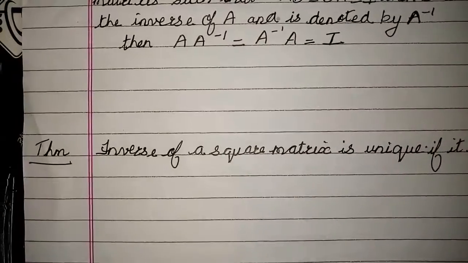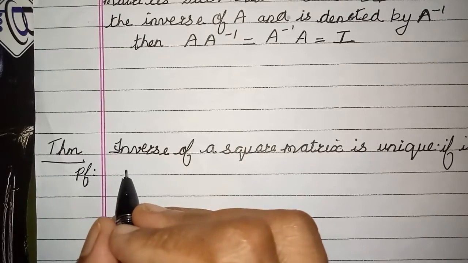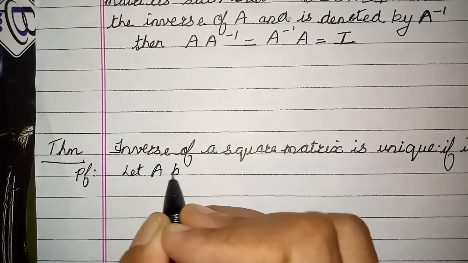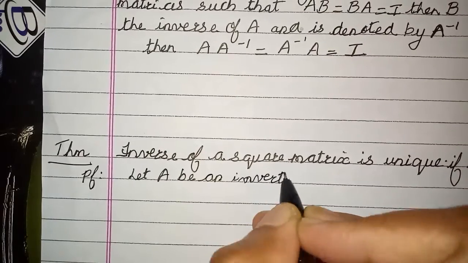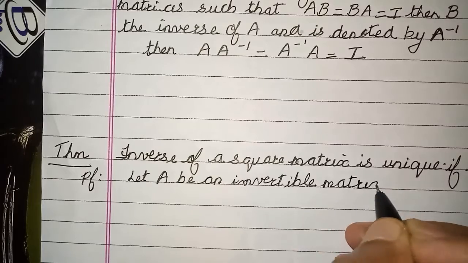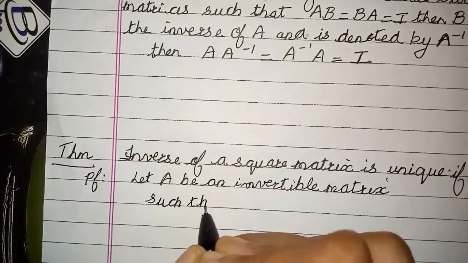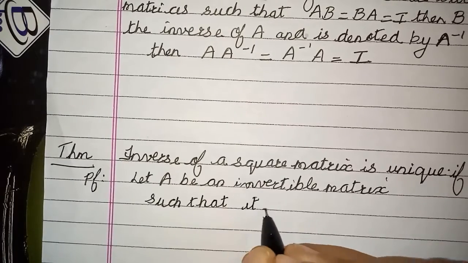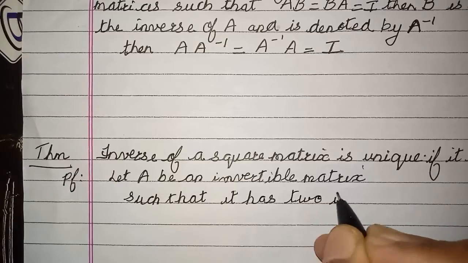So let us prove it here. Let us prove by contradiction. Suppose A is an invertible matrix such that it has two inverses.